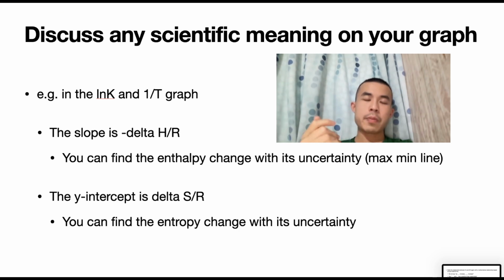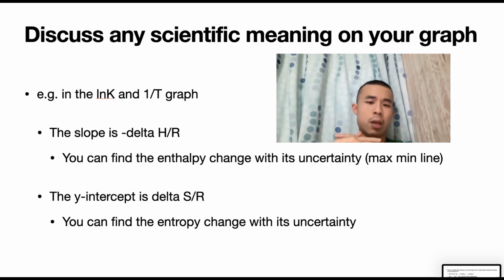Let's say there is a relationship between the solubility constant and the reciprocal of temperature. In this case, according to the Van 't Hoff equation, there is a huge scientific meaning: the slope is equal to delta H divided by R, where R is the gas constant.